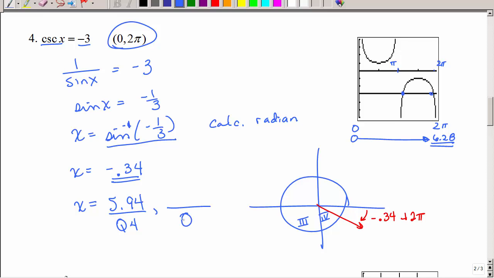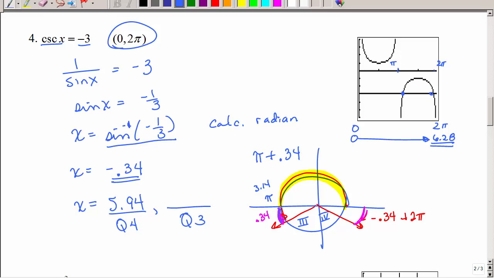Now I need that answer in quadrant 3. So I need from here all the way there. How am I going to get that? Well, this part is pi, right? And pi is about 3.14. Well, how much is this part? Well, it's the same distance as that, so it's positive 0.34. So here I can take pi and add it to 0.34.